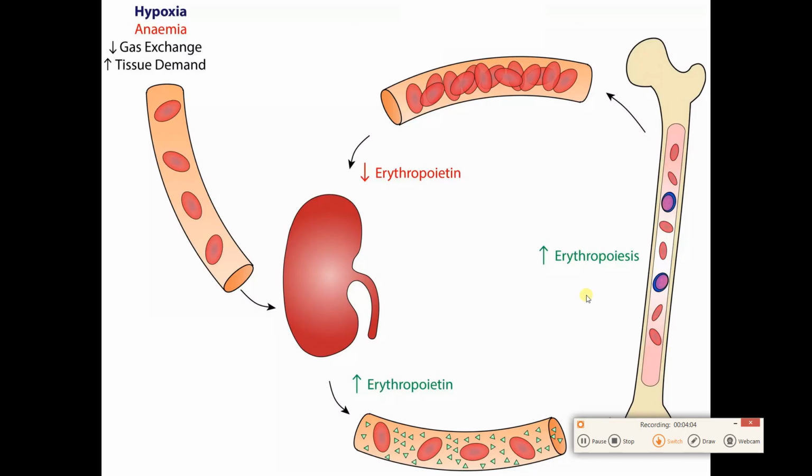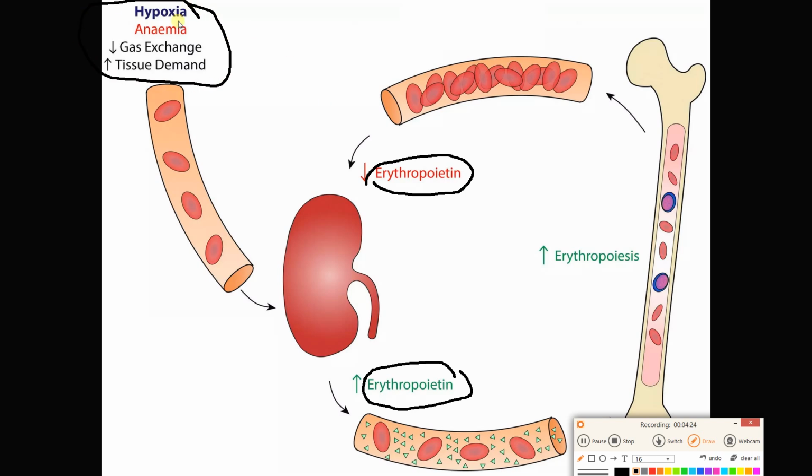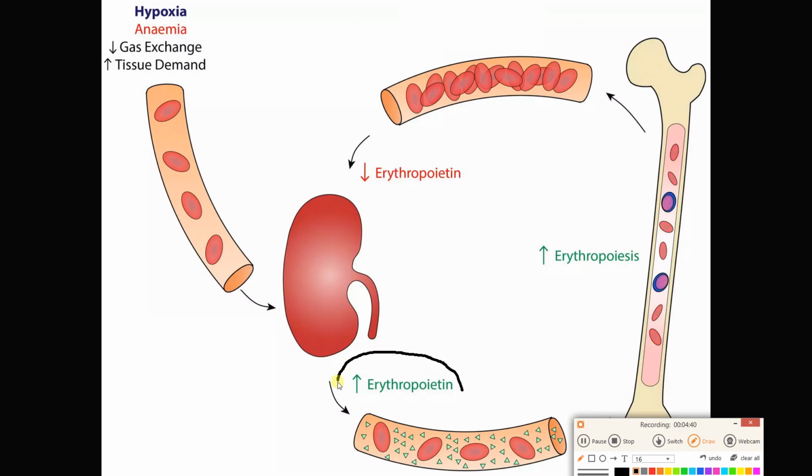Now, the process of erythropoiesis is stimulated by a hormone from the kidney called erythropoietin. Okay? If any of these situations occur, if somebody is hypoxic, not enough oxygen, anemic, not enough red blood cells, if they've got a gas exchange problem in their lungs or their tissues are just demanding oxygen, then the kidney is going to make this hormone called erythropoietin.